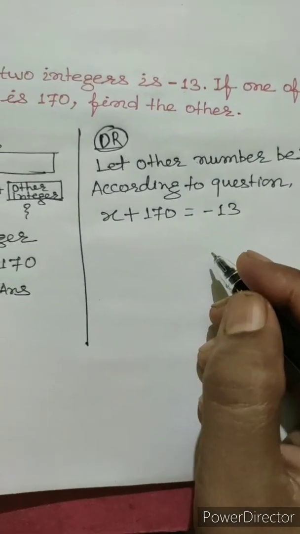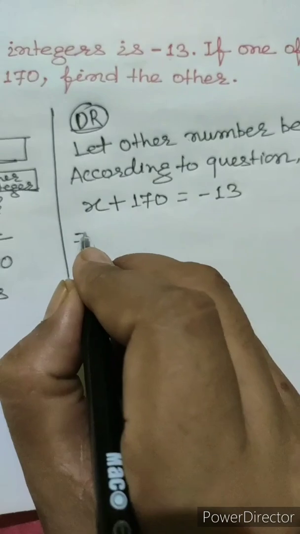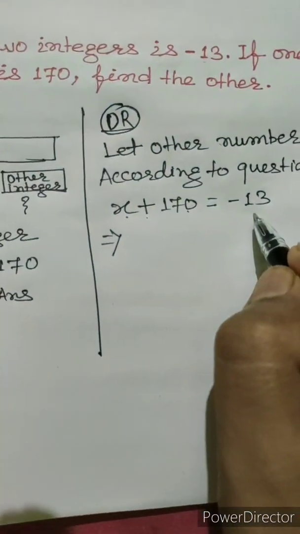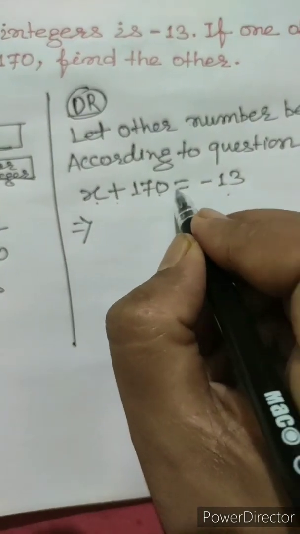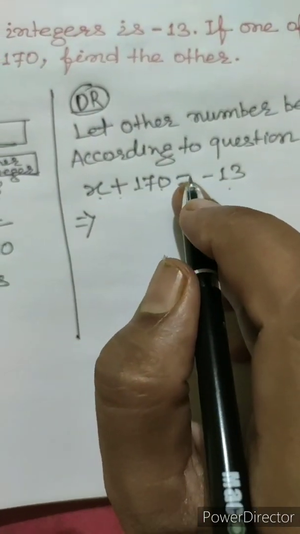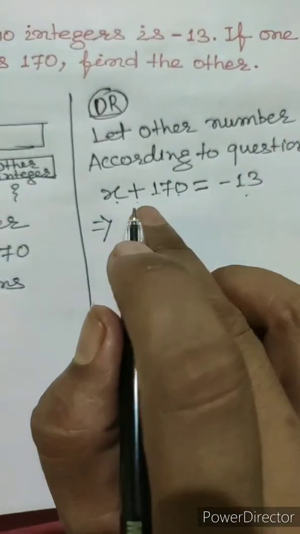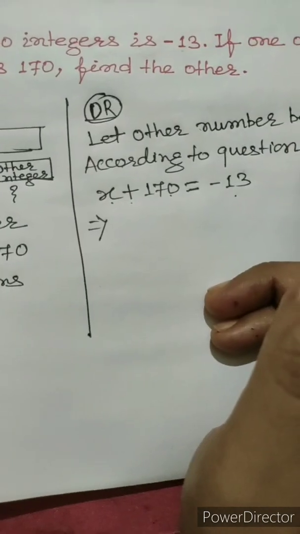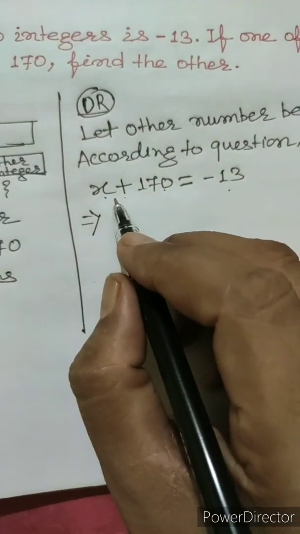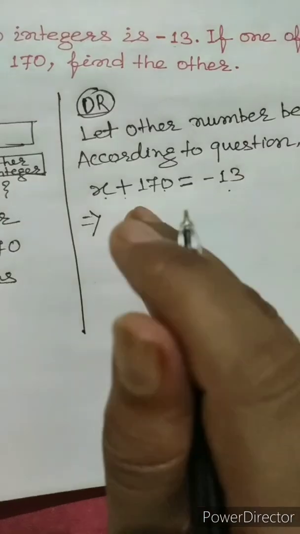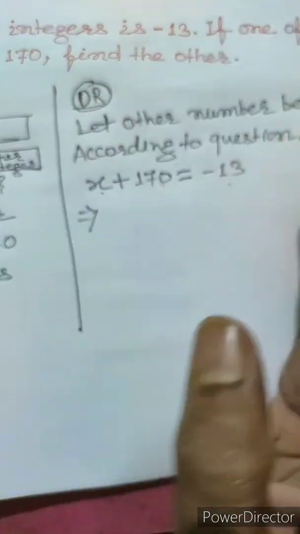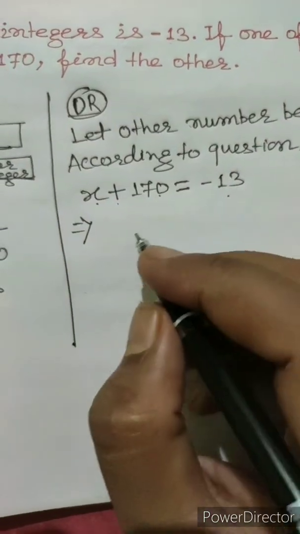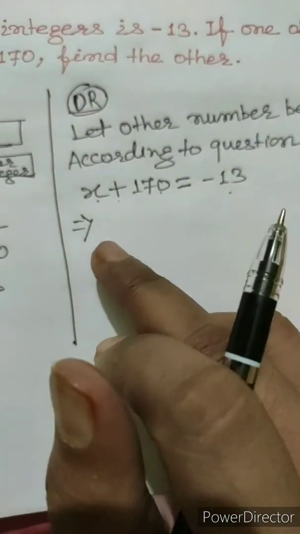Okay, this is called the equation method. Now what will you do? Here x plus 170 equals minus 13. So what is the rule here? If plus is on the LHS side and you send it to the RHS side, then it will be minus. If it is minus, and you send it to the other side of the equal sign, then it will become plus.